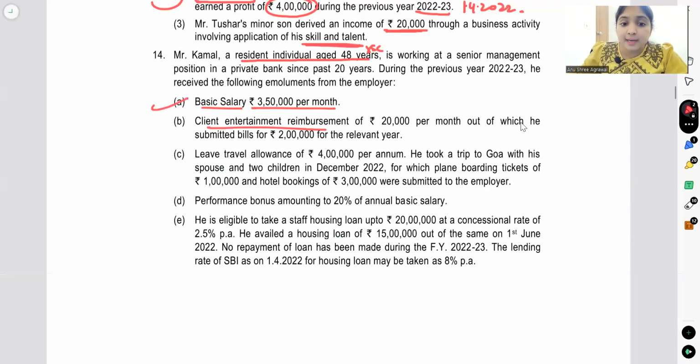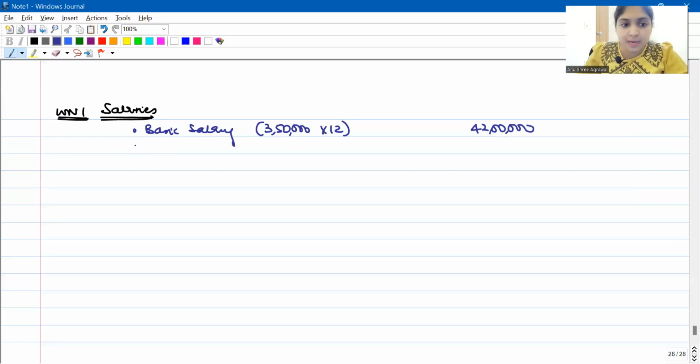Then, client entertainment reimbursement of 20,000 per month, out of which he submitted bills for 2 lakhs for the relevant year. This is not entertainment allowance. This is a perquisite, reimbursement of entertainment expenditure. So he was reimbursed 20,000 per month, but how much did he actually spend? Only 2 lakhs. So received minus whatever he spent, balance taxable. Simple. It is not entertainment allowance, guys. It is entertainment perquisite.